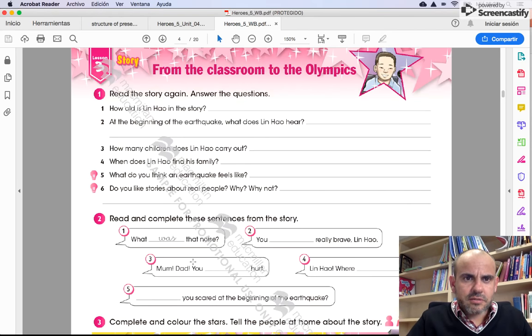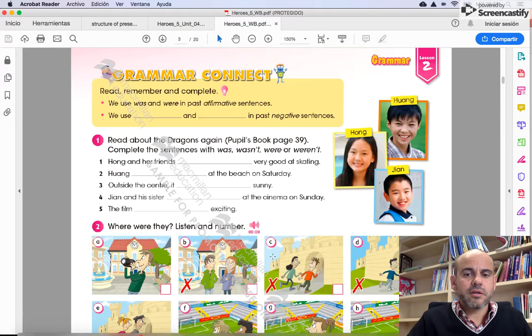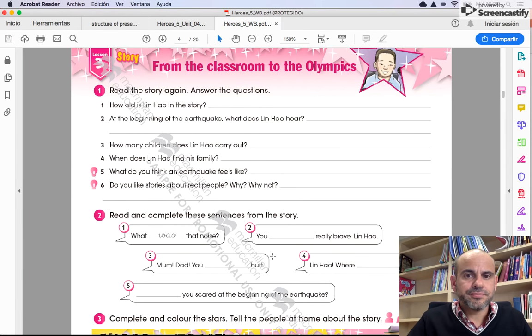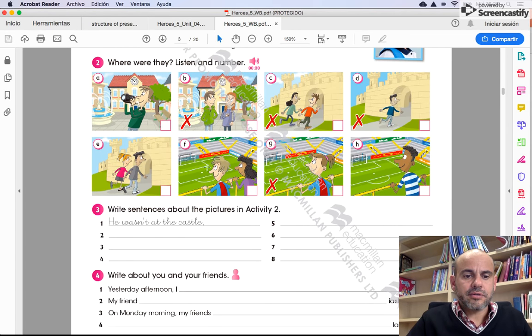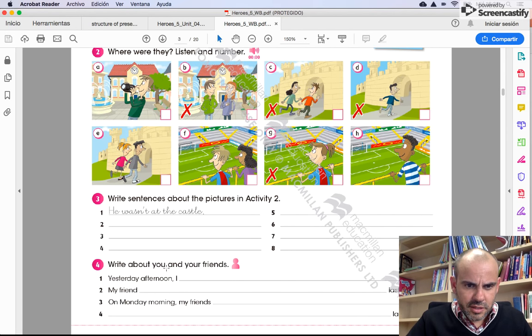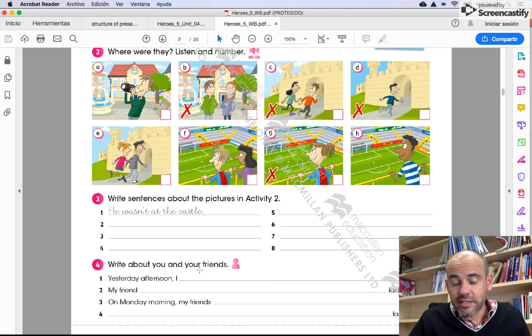But here in exercise number 4, we do see a much clearer example of freer practice, because students can choose what they write. They have to decide what they did, they have to remember, and they have a certain degree of choice.